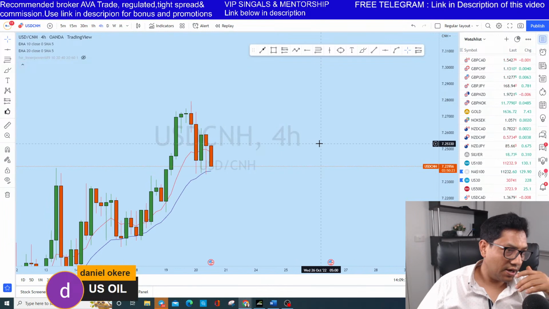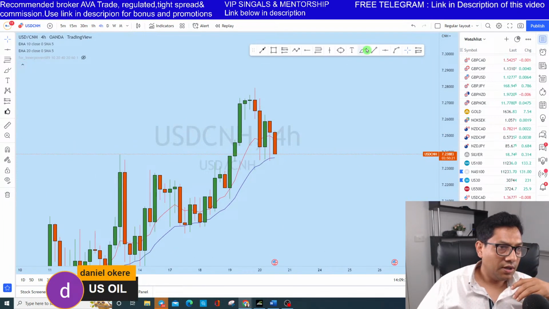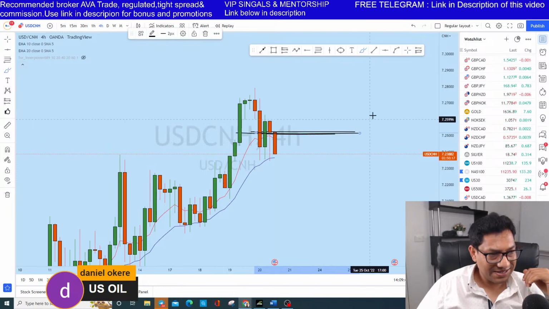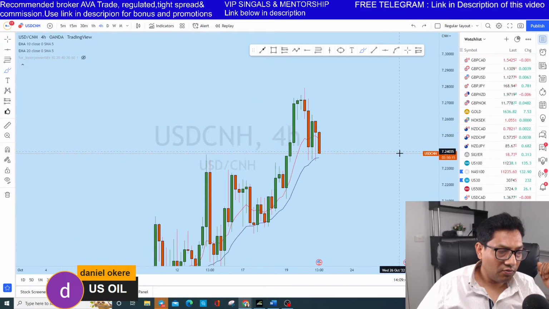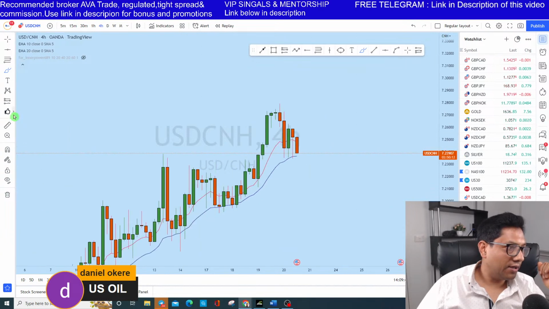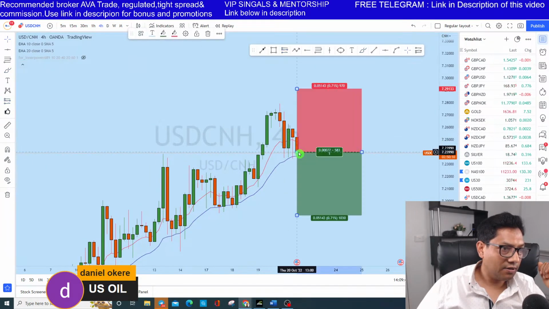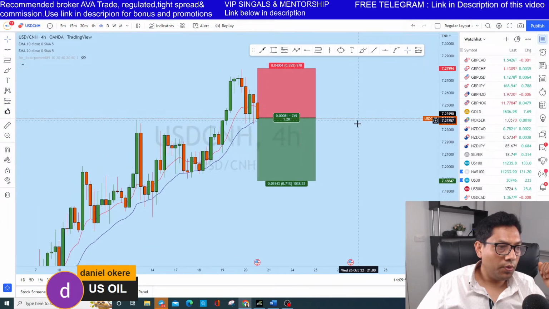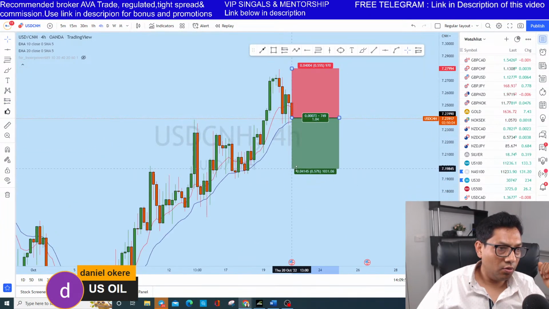But during this analysis, in fact, I missed that trade. If I had seen it here, I would definitely go short on USD CNH. It's still valid, because if we trade it like that, a 1-to-1 could be a very good trade.